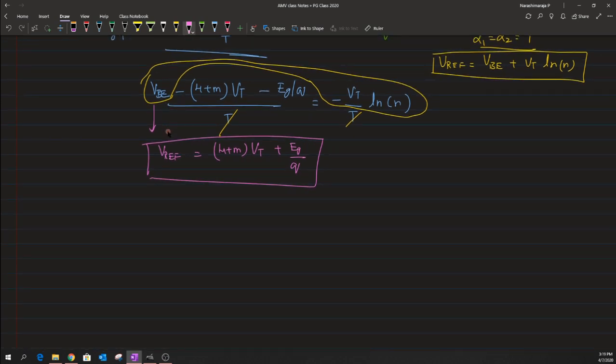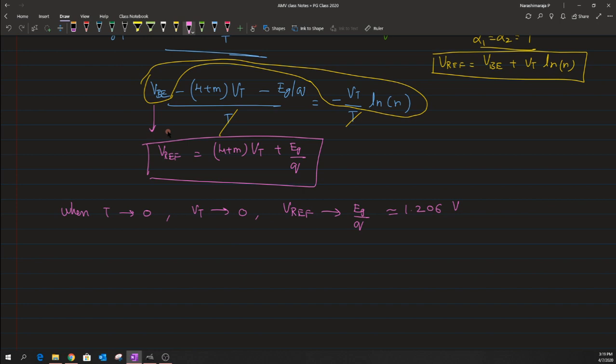So this is the final expression that we have got, and now let us look at a special case. When the temperature approaches a value of 0 Kelvin, the Vt term also approaches a value of 0, the thermal voltage will also approach 0, and due to which our V reference will approach a value equal to Eg/q, which is nothing but a voltage value equal to 1.206 volt.